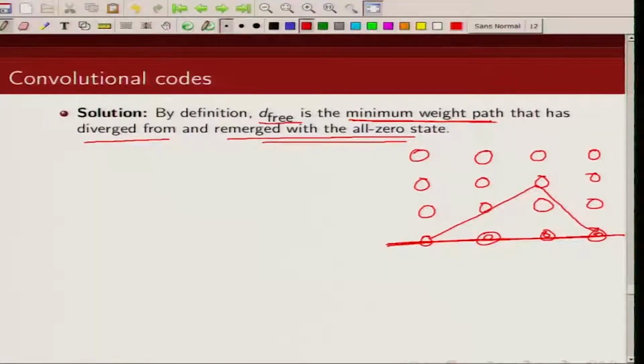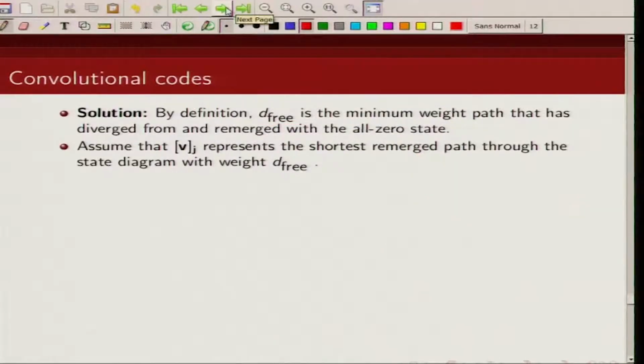To get a non-zero weight, you essentially diverge from the all 0 state and then merge back to the all 0 state. Now, let us assume that at time t equal to j, Vj represents the shortest re-merge path through this trellis diagram, which has weight of d free.